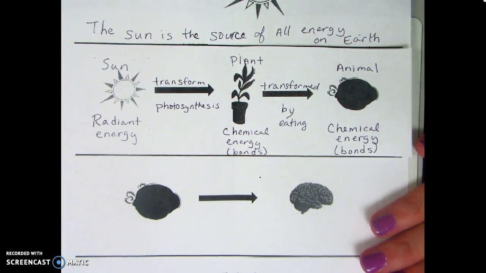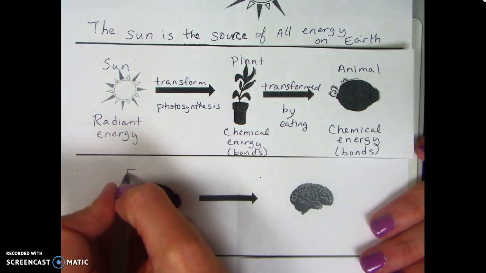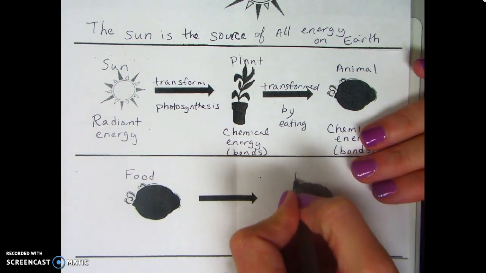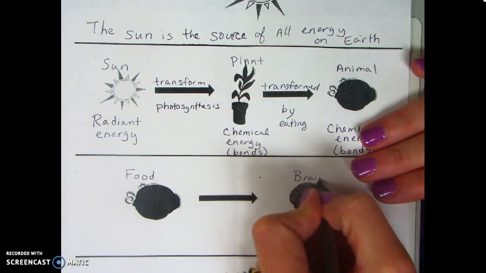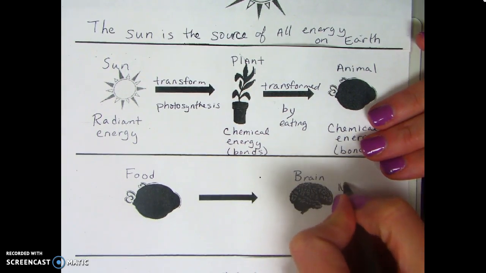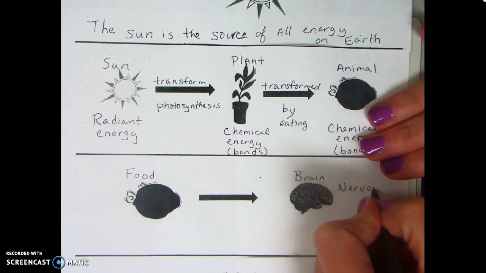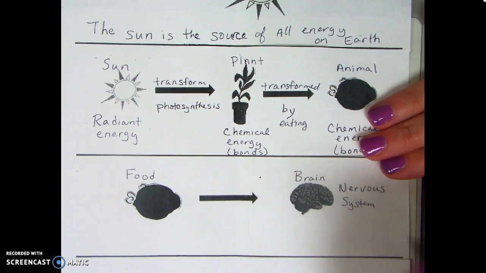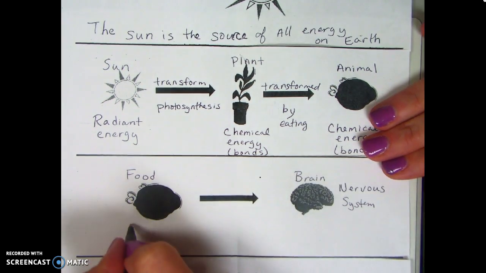Okay, so now we have the food. This is your food, and it's going to be transformed to be used by your brain and your nervous system. Well, what's going to happen there? Your food is chemical energy.